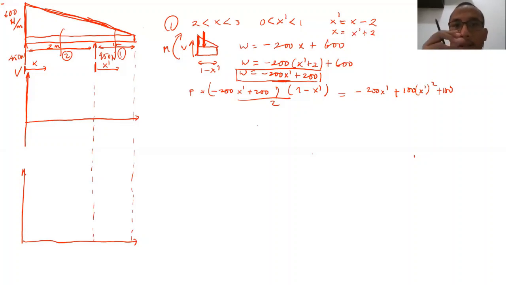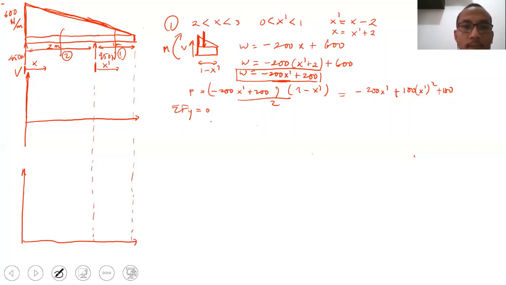Okay, and using sigma Fy equal to 0, if positive is going up, V minus F equal to 0.